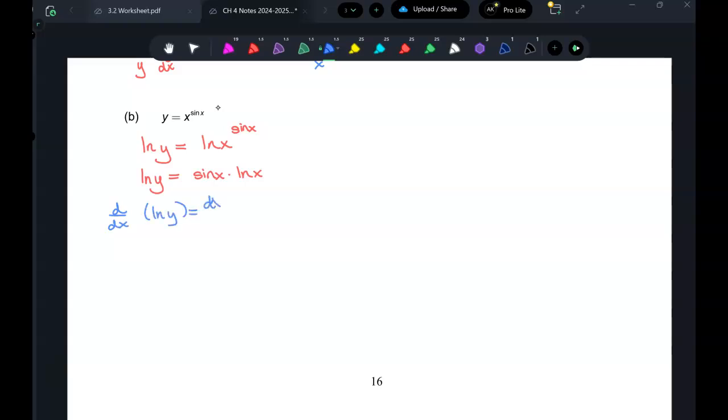Notice on the left side, it's always going to be the exact same thing. You want to give this one a try? So product rule on the right side. Left side is going to look identical to the one above it.